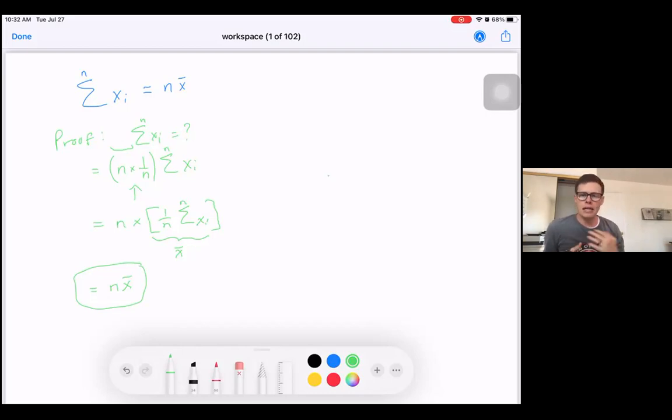If I gave you the mean number of hours that UC Merced students study, and I told you how many students there were at UC Merced, you could calculate how many hours of studying were taking place every day. So you can always get the aggregate from the mean if you have the population size. Any questions on that one?